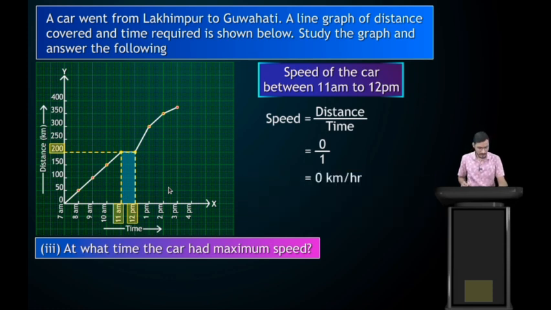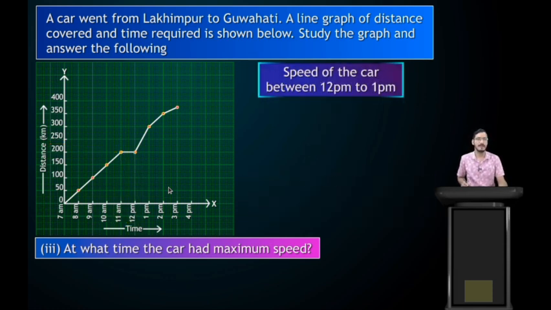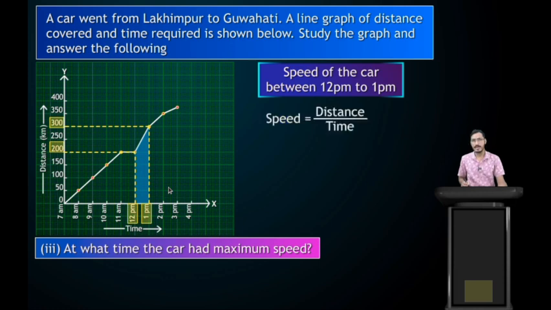Now the next step, we will find the speed of the car between 12 p.m. to 1 p.m. The time taken by the car is 1 hour, and the distance is 300 minus 200, which is equal to 100 kilometers.